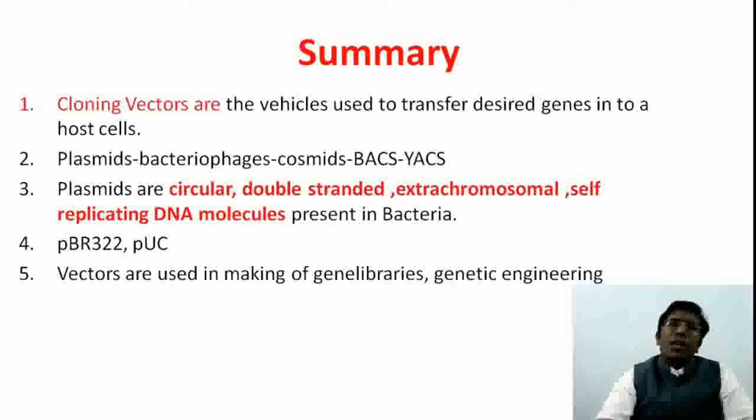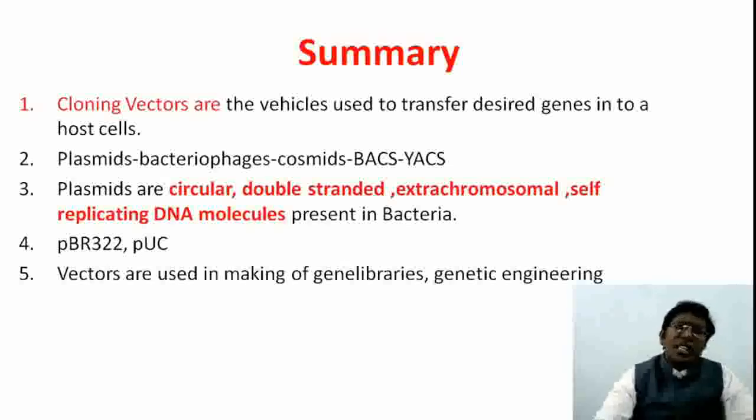Plasmids are circular, double-stranded, extra-chromosomal, self-replicating DNA molecules present in bacteria. This is the most popular cloning vector used in genetic engineering. There are many varieties of plasmids, out of which we studied pBR322, the first artificial plasmid, widely used all over the world, called the mother of all plasmids, and we studied its structure.